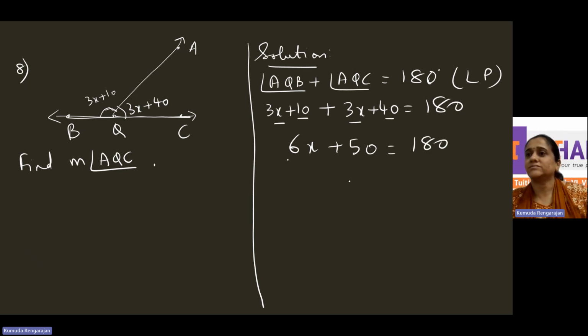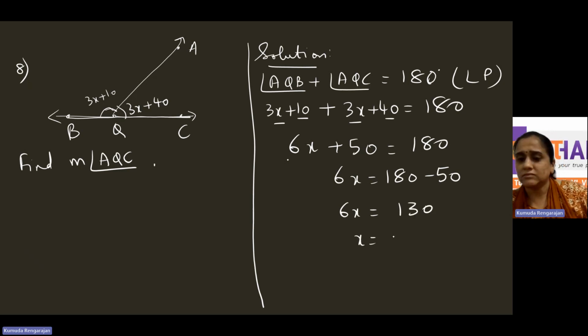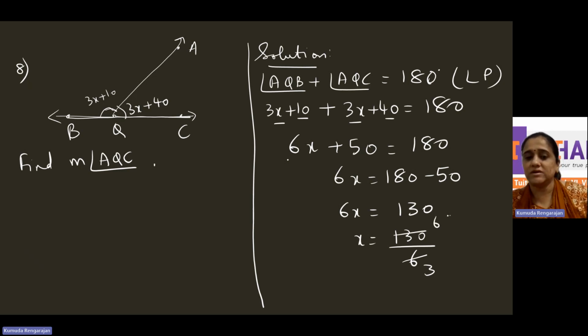Next, 6x is equal to 130. So 2 threes are 6, 5 times 6 is... so 6x is 130, and X is equal to 65 by 3. Leave it like that only. Don't worry about it.